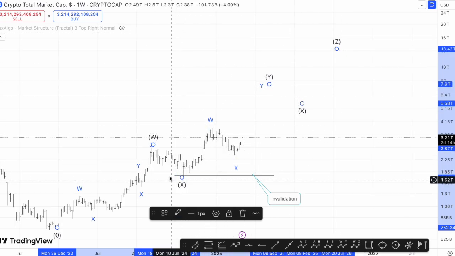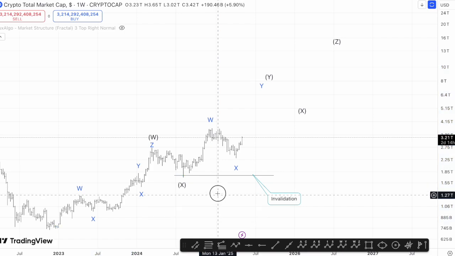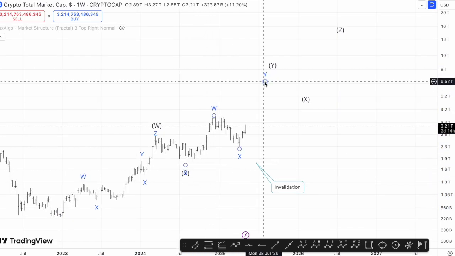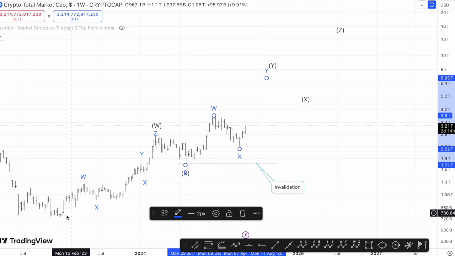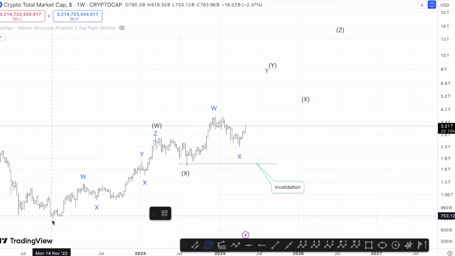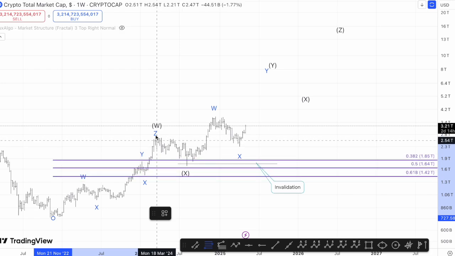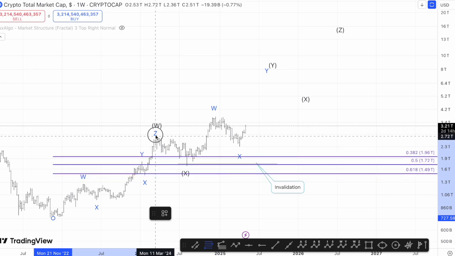We're going to focus on this price action, to see the possibilities of further upside for this market.